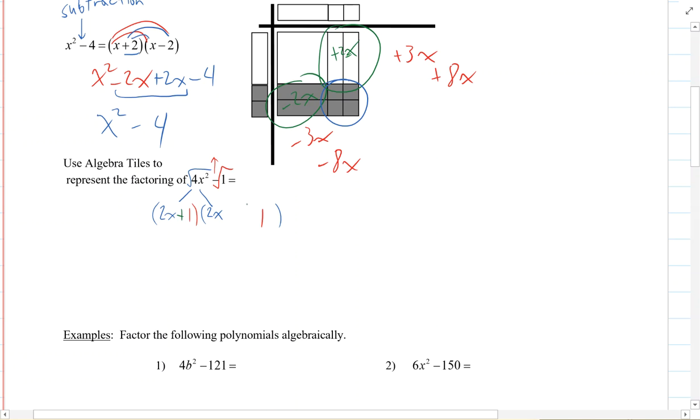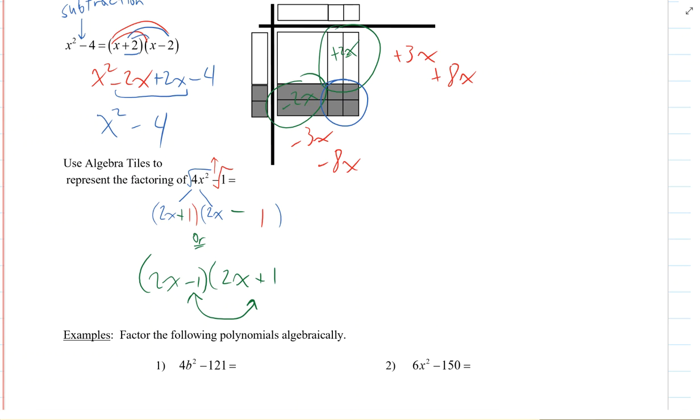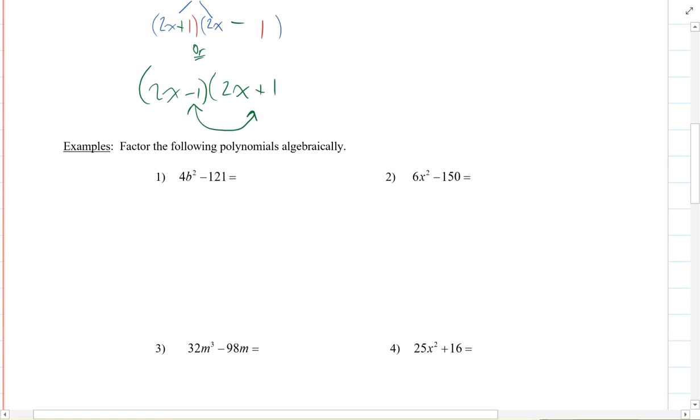So we go plus minus. Or, of course, it doesn't matter where you put the signs. You could have 2x minus 1 times 2x plus 1. These could flip-flop. That doesn't matter. But inside the brackets, you must have the same thing. Okay. So don't worry about using the algebra tiles. We won't do any algebra tile stuff for the factoring.